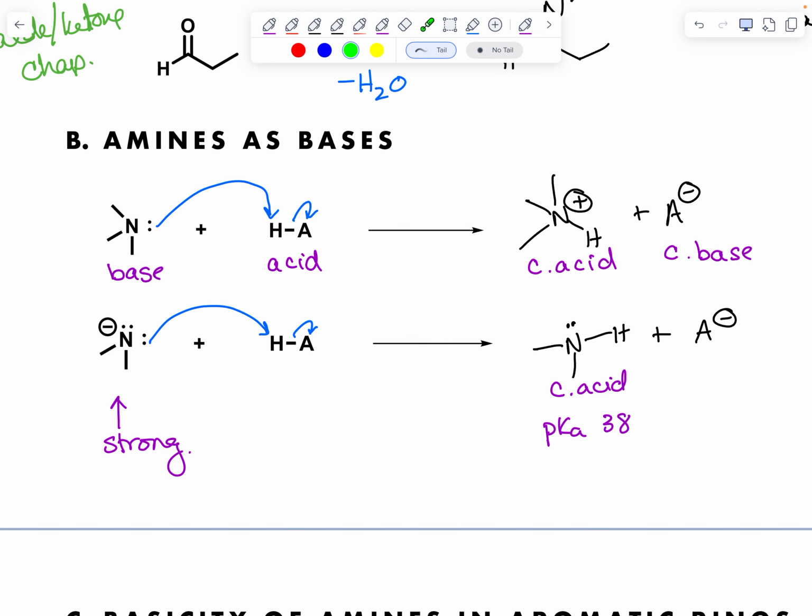The nitrogen's lone pair is going to be in a p orbital, and that p orbital will be part of the pi system. Have you looked at this before? Let me show you what that means.